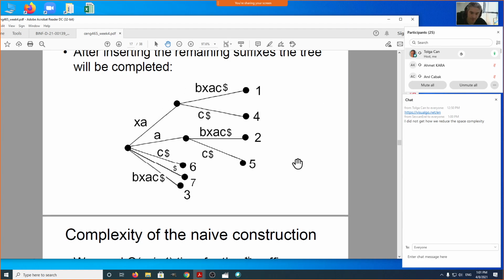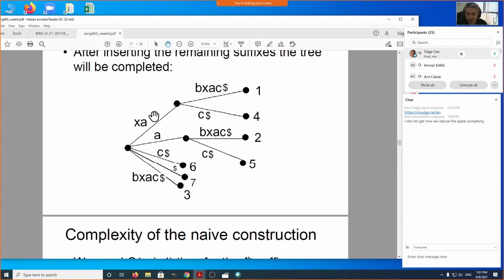Therefore, the quadratic complexity comes from the fact that if you want to store this tree with the edge labels as characters like this, for each suffix you're going to require i characters, or n minus i plus 1 characters. If you have a string of length n, for the first suffix you are going to need n characters along that path.